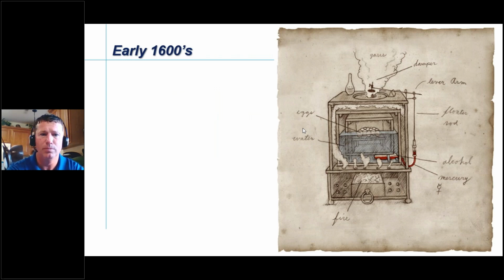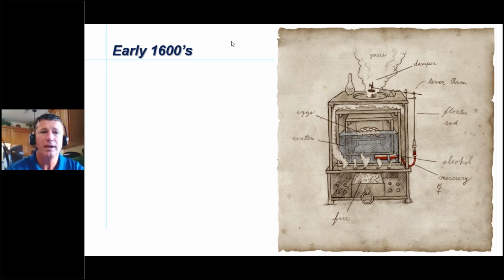So it used mercury, it used alcohol, and it allowed the mercury to set on top of the alcohol, and it became a float that modulated the amount of air that was coming into the system. So it did a modulation of the temperature based on the flow of air that was allowed through the air tube coming into the combustion chamber. So we've been using mercury to control temperatures all the way back till 1620.